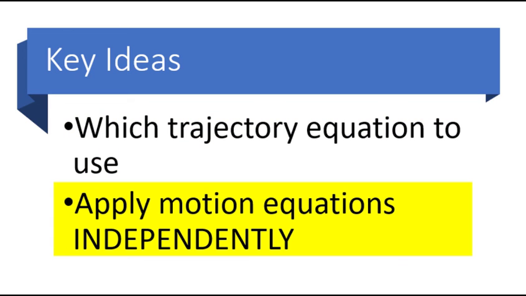In case you do not remember the trajectory equations, you could always fall back on the concept that you can apply the motion equations independently along each axis. We can find the time required for one of them and insert that value of time into the other equation.